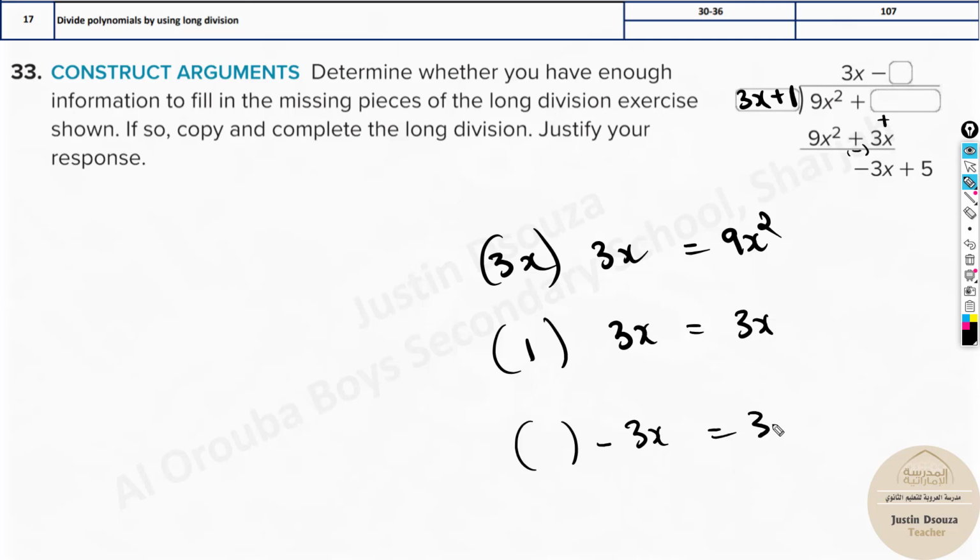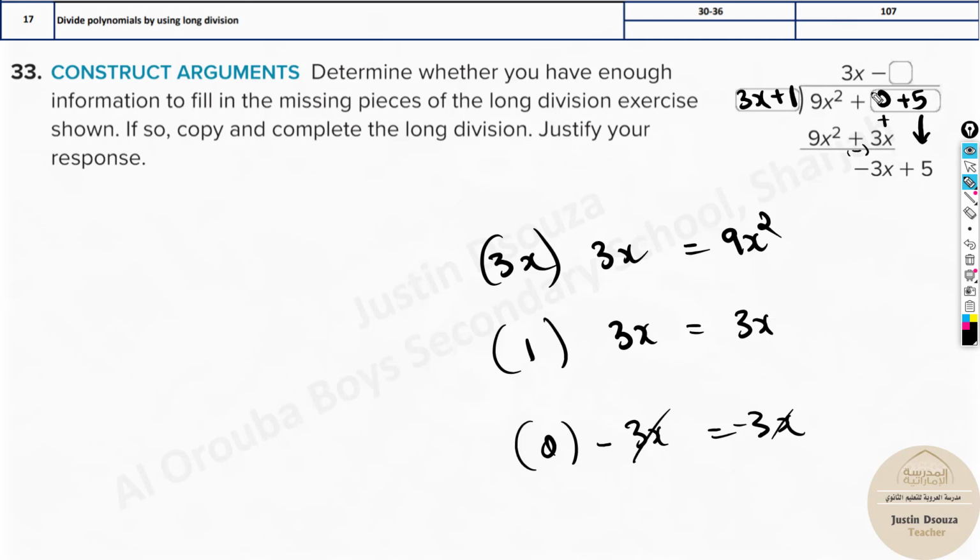That will be equal to minus 3x. This cancels, it's 0. It should be 0 minus so much because they both are equal. So over here it will be 0, 0 plus. And then some number was there that is brought down. What is that number? It is 5. It should be 5 over here, isn't it? It will be plus 5. That is directly brought down. So this is the thing.